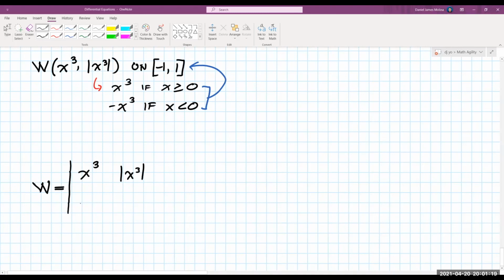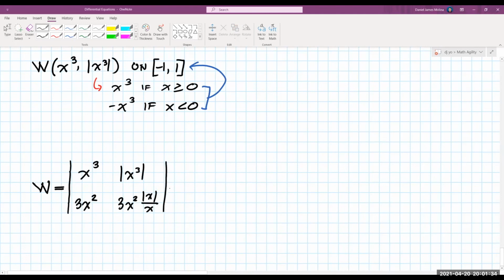The derivative of x cubed is 3x squared, and the derivative of the absolute value of x cubed is actually 3x squared times the absolute value of x over x.